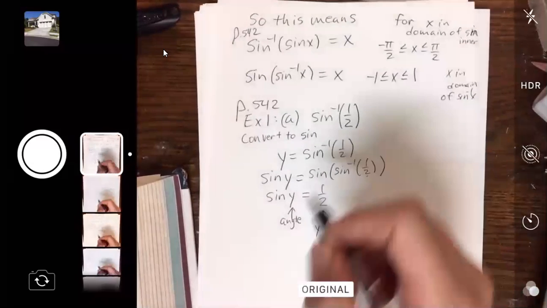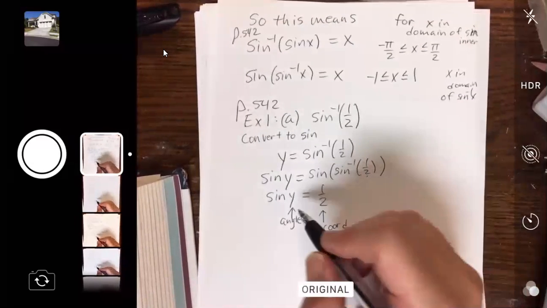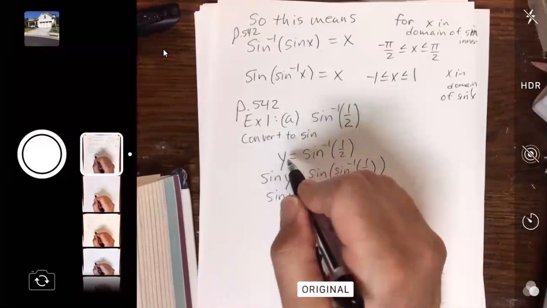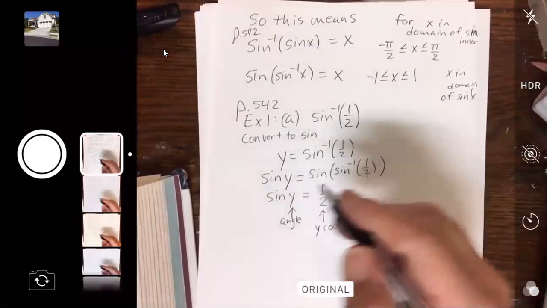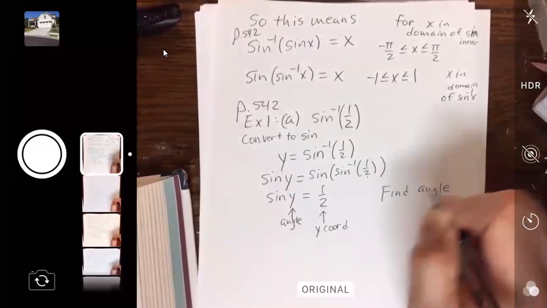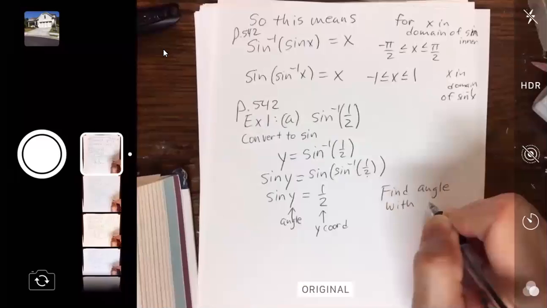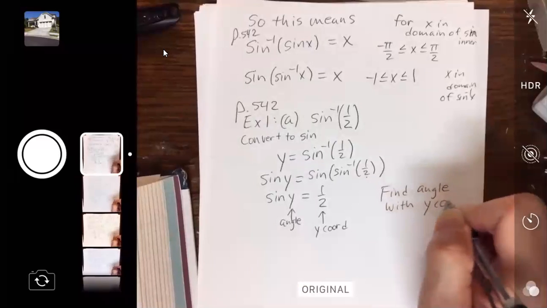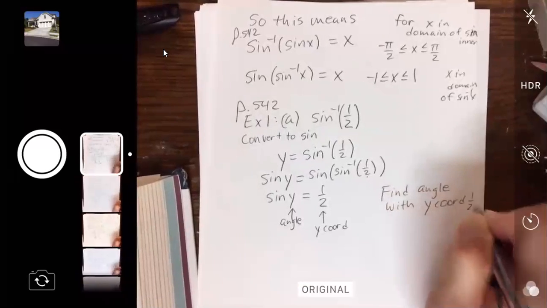We're using x's and y's because we're kind of in function letters, but maybe I could have used an angle letter. So I'm looking for the angle with y coordinate a half.